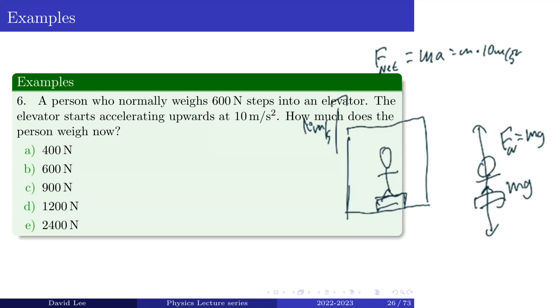And if we're using g equals 10 meters per second squared, then this does happen to equal mg.